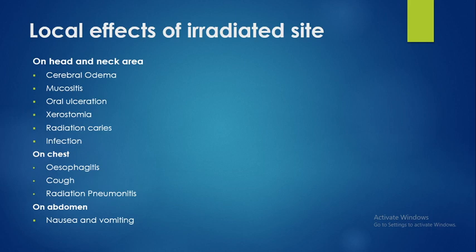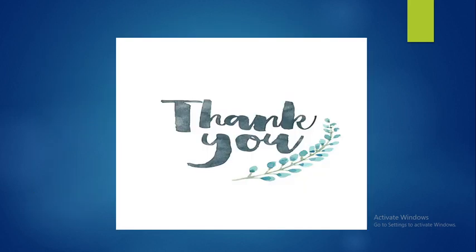On the head and neck area, we can get these kinds of side effects, mainly cerebral edema, mucositis, oral ulcerations, xerostomia, radiation caries like dental caries, and any other infections. On the chest we can get esophagitis, cough, radiation pneumonitis. On the abdomen, the symptoms would be mainly nausea and vomiting.